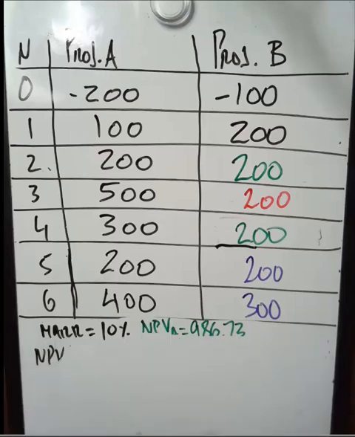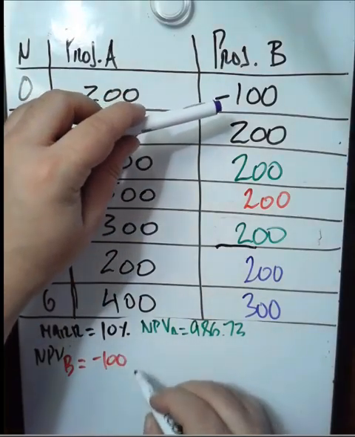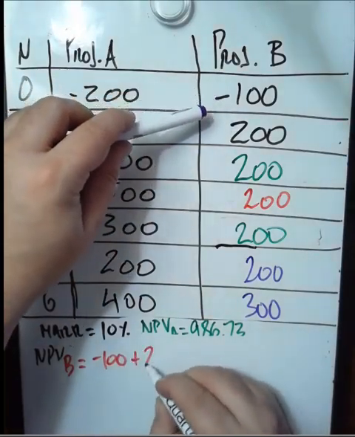Then you will do the same rationale for project B. So for project B, negative 100 but times 0, no need for adjustment.